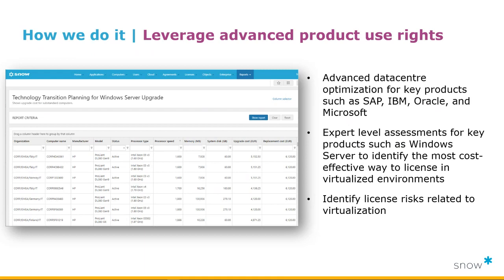And SAP is a bit of a special use case, a very expensive product, especially within the ERP business objects area. And if you're not aware of it, those applications individually can cost thousands.